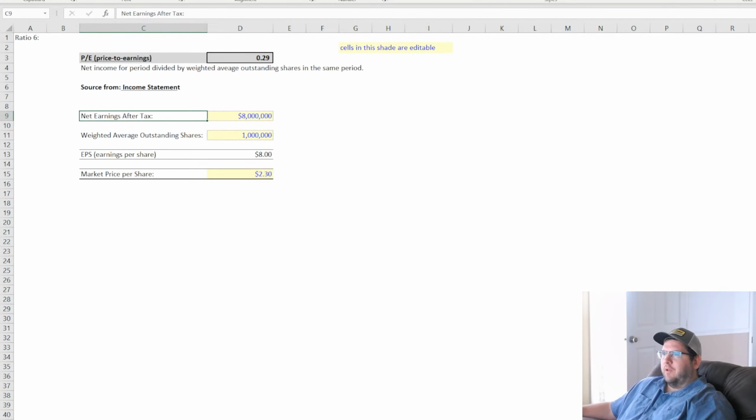So net earnings after tax. What else? Less preferred dividends.